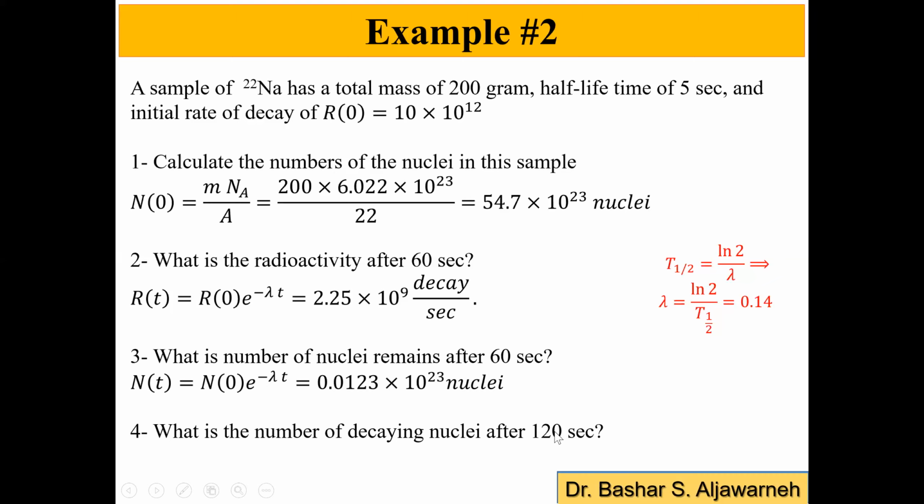You need to calculate N of t after 120 seconds, and you know N of 0 from part 1. So you use N of 0 minus N of t. N of 0 is the same, but N of t is not the previous one, because that was based on 60 seconds, so you have to change the time from 60 into 120.